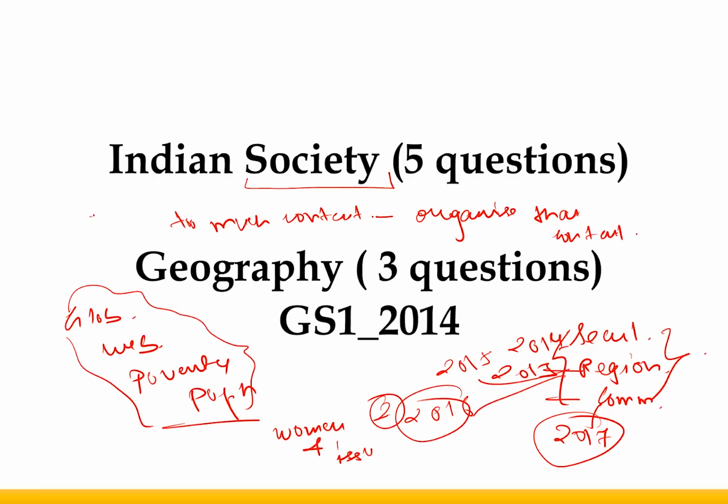One or even 2 questions come from this topic. In fact, in 2014, 3 questions came from women and related issues. We will be doing an exercise where we come up with a template way of approaching Indian society questions to make your answers look much more presentable than they are right now.